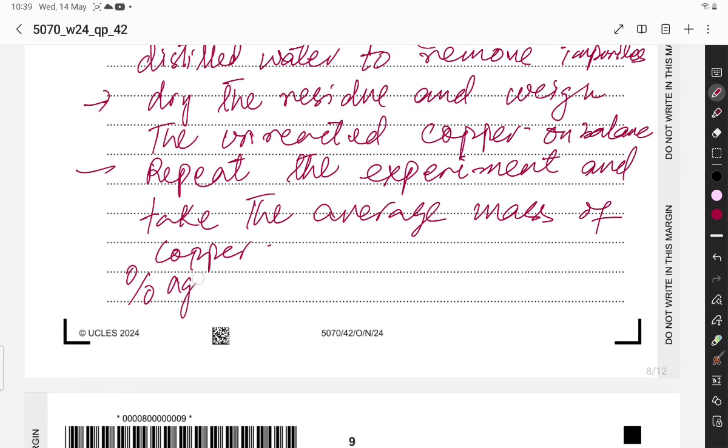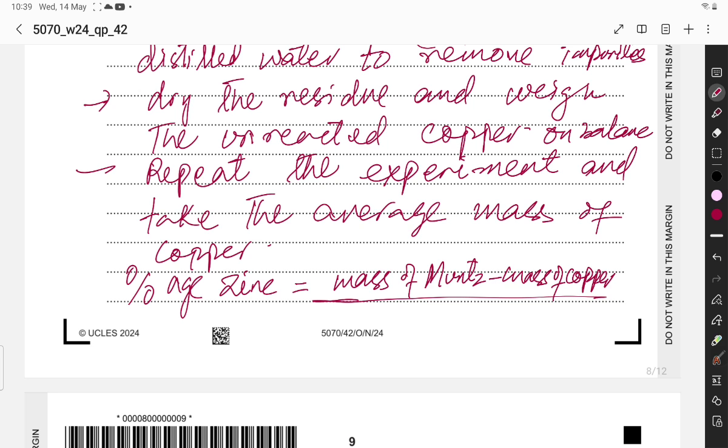Percentage of zinc is equal to mass of Monel metal minus mass of copper, divided by mass of Monel metal, times 100.